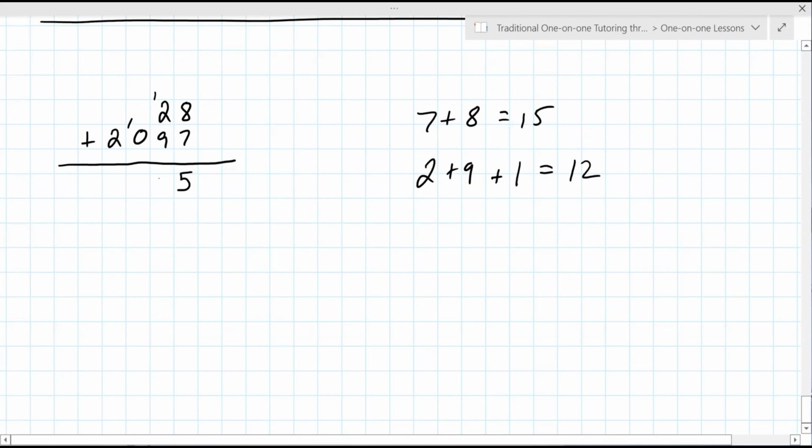Yep. So 8. So 0 plus 1 is 1. And 0 plus 2. So just 2.